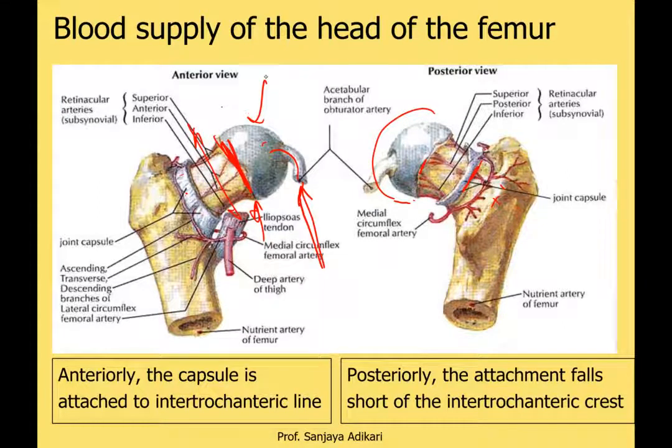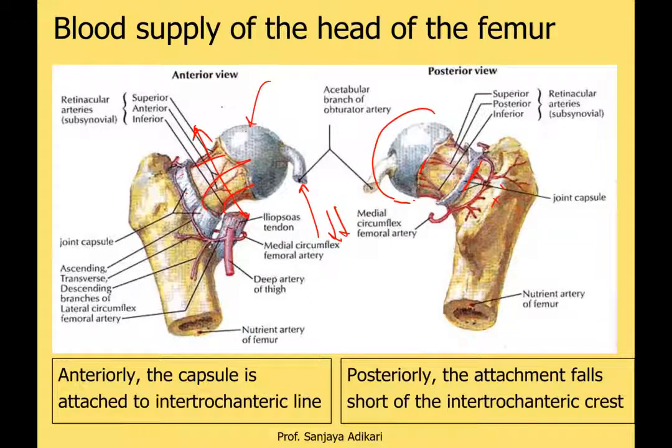But in adults, once the epiphyseal plate has closed, the ligamentum teres supply becomes less and less, and this other supply becomes the main supply. So when they get a fracture here, the blood supply is cut off to the head of the femur, and you get avascular necrosis.